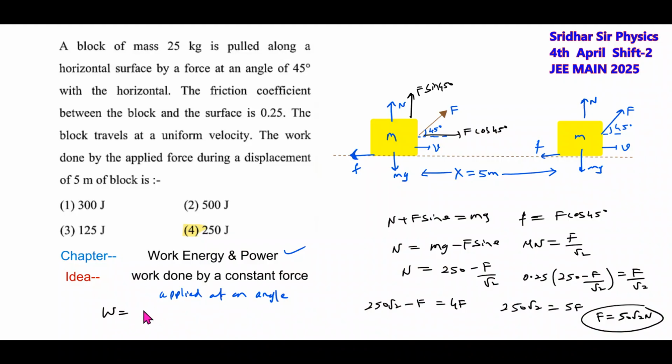Work done equal to F cos 45 into distance. F value 50 root 2, cos 45 is 1 by root 2, and this is 5. 250 joule. There's a basic concept thinking.